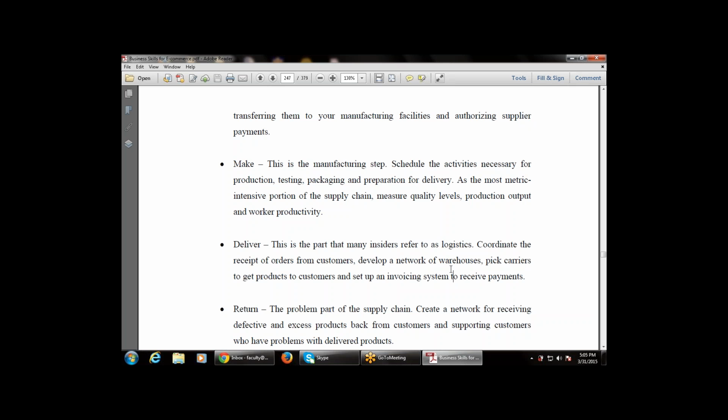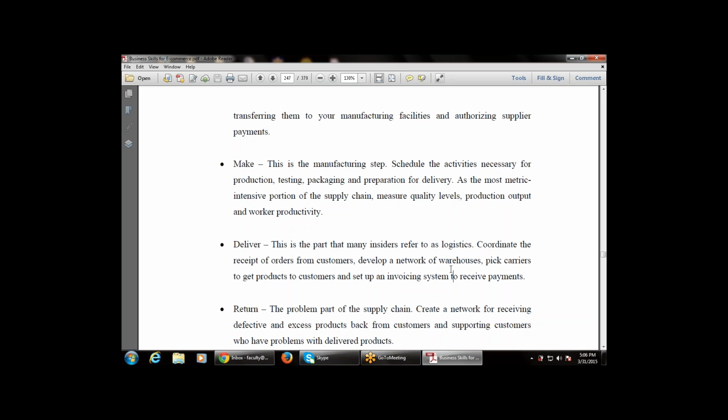That is a problem part, a very problematic part of the supply chain. Create a network for receiving defective and excess products back from the customer. So there is also a chain, a network, a line that must be taken care of for receiving the defective and excess products.